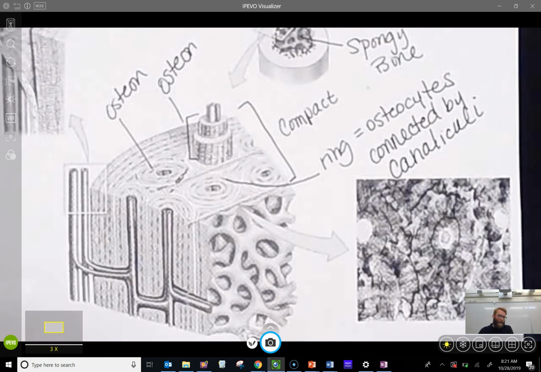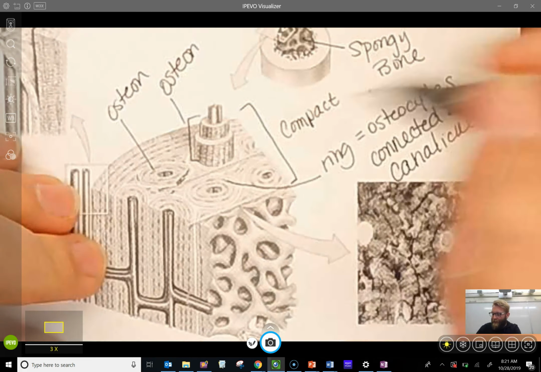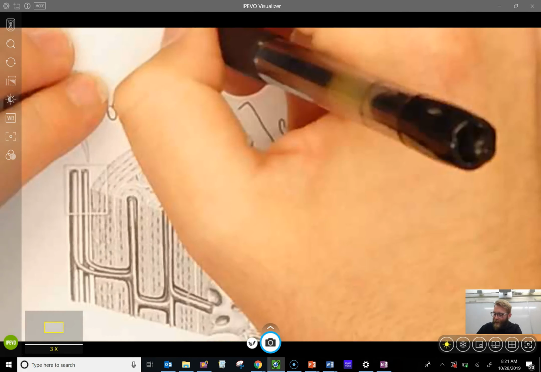Those canaliculi allow those cells to come together so that you've got bone that can function.